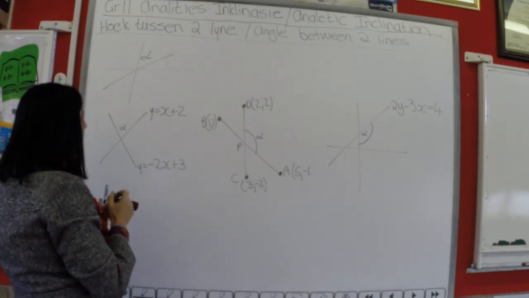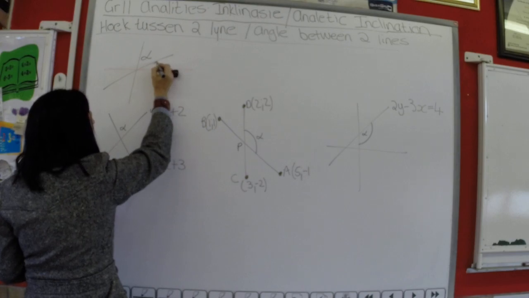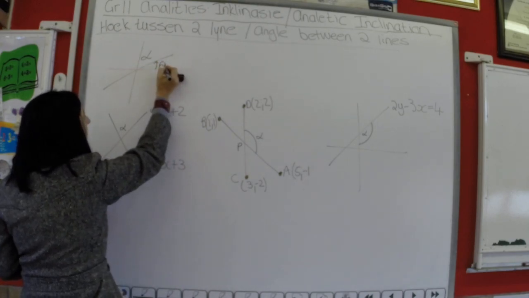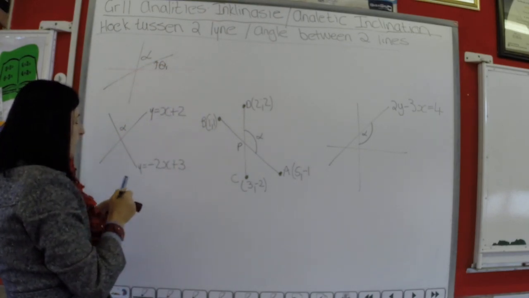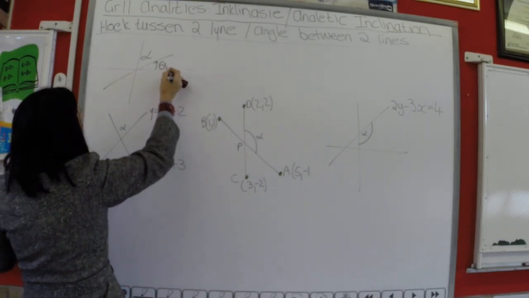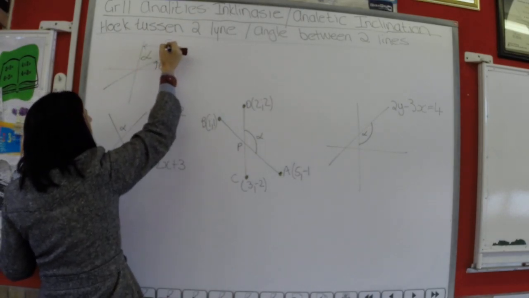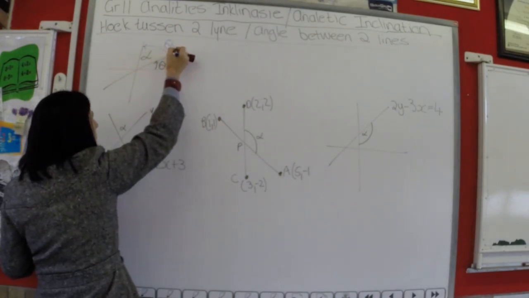Ek het my eerste inklinasiehoek van die horisontaal tot by die eerste lyn, kom ons noem vir hom theta 1. Then there is a second inclination angle from the horizontal up to the second line.